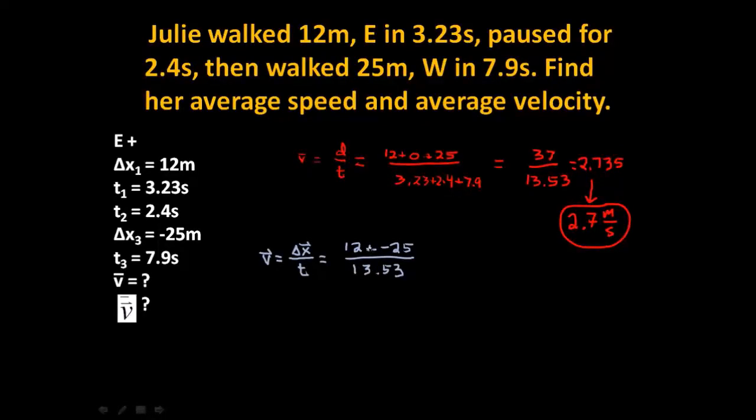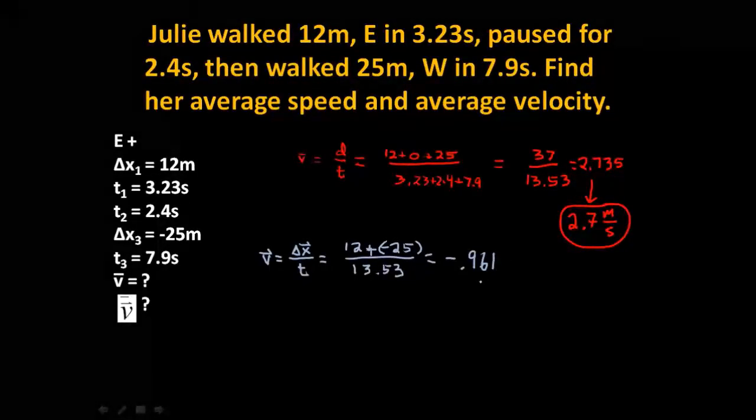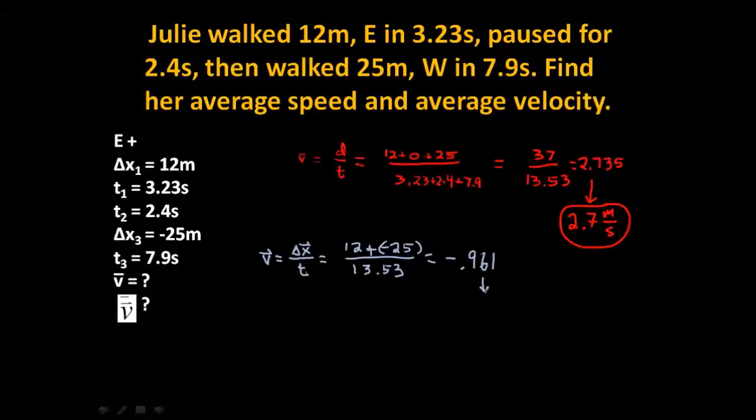Just so this doesn't get too confusing with the signs, maybe I'll put this in parentheses. So you can see I'm adding 12 plus negative 25. That means when we do the problem, we get an answer that in fact is negative. Negative what? Well, negative 0.961 meters per second. Again, round to 2 significant figures, so it's negative 0.96 meters per second.